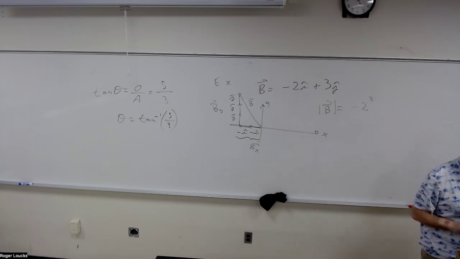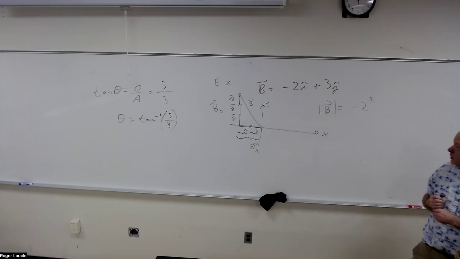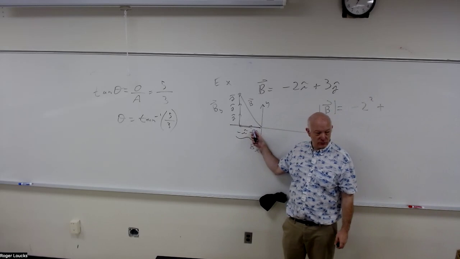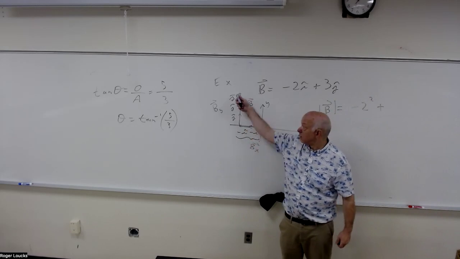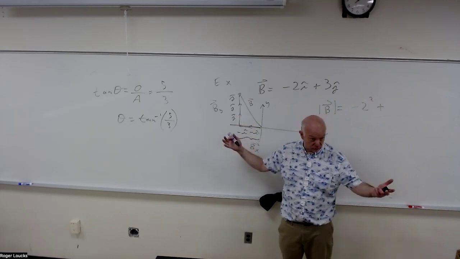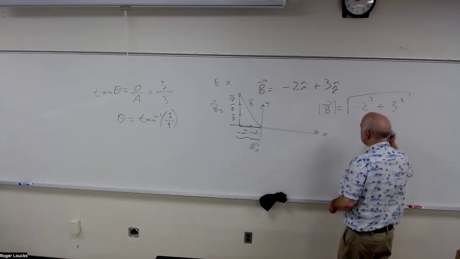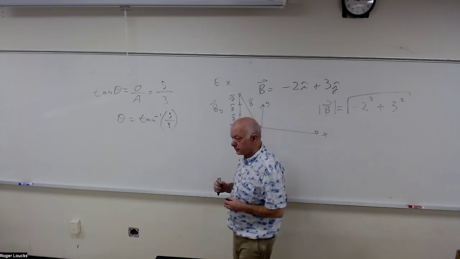Now, why am I going to run into trouble here? Well, just keep on going. Plus, I take this side here, this length here, squared. I'm just doing the Pythagorean theorem. Now tell me why that's not going to work for me here.